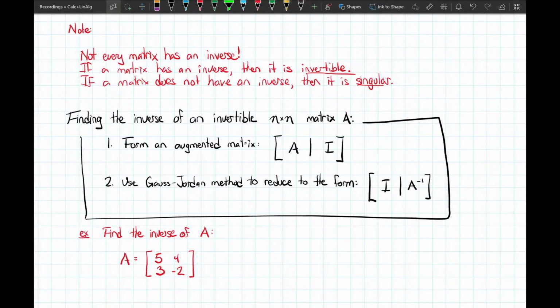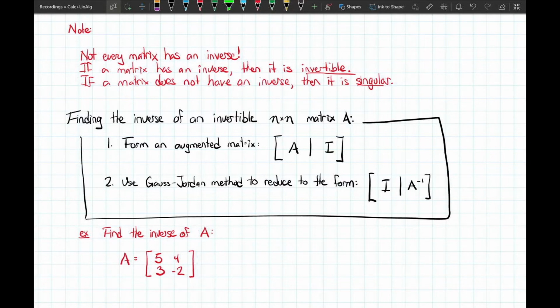If it's invertible, then through Gauss-Jordan elimination, we will end up with the identity matrix on the left-hand side. In reduced row echelon form, those are all of the leading ones with columns of zeros otherwise. And we'll end up with the inverse of A on the other side of the vertical divider.